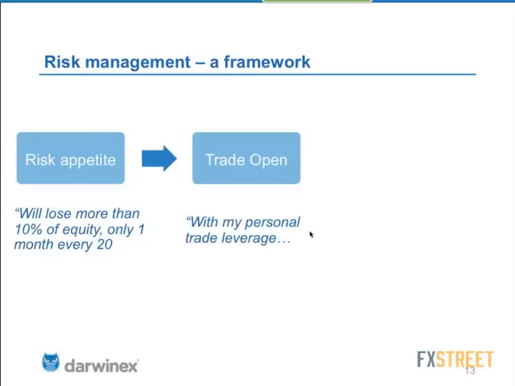Say, I will always place my trades with a leverage of 1-to-1 or 5-to-1 or 10-to-1. And this leverage will be individual to me because it is I who determines how often I trade, what assets I trade, and when I trade. And depending on that, I will have to adjust the leverage.